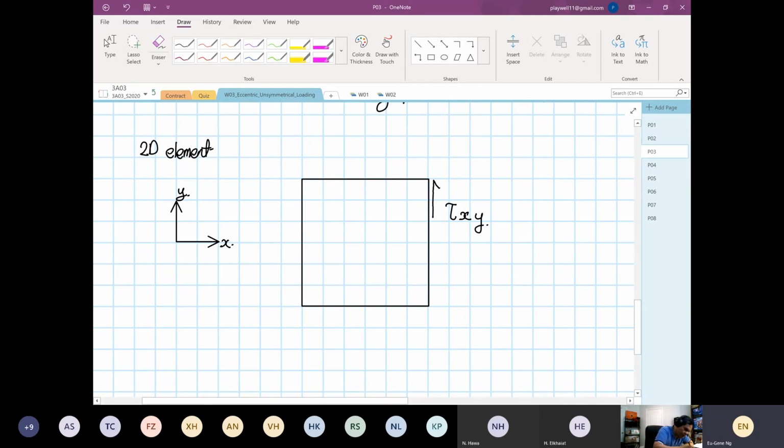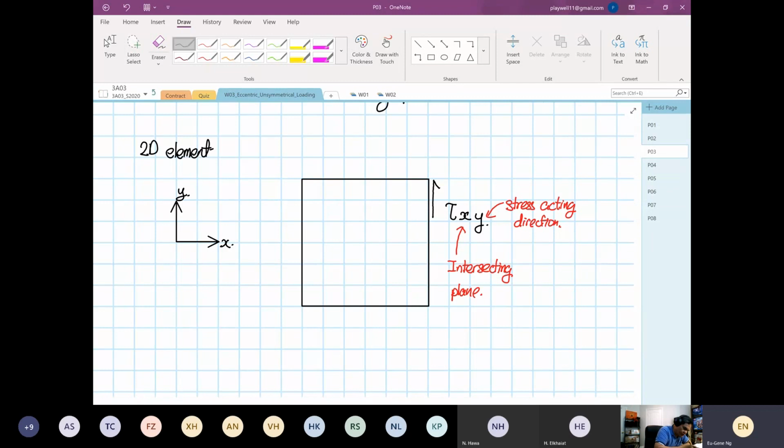I'll write this out. The first subscript means the intersecting plane. And then the second subscript on the right, the y that you see over here, means the stress acting direction.